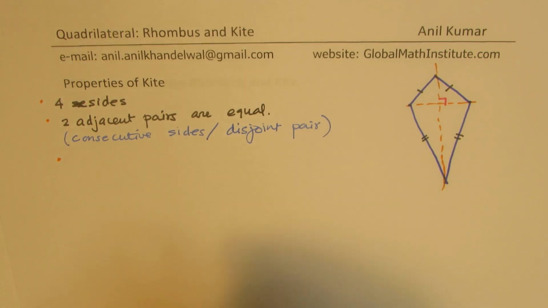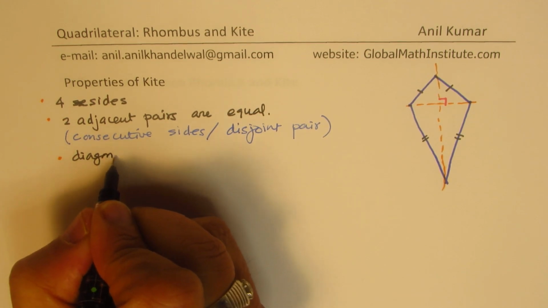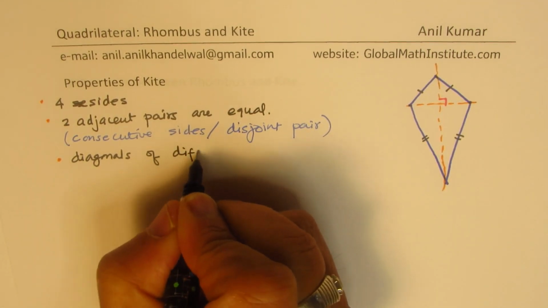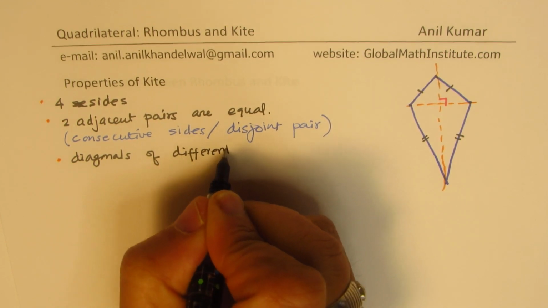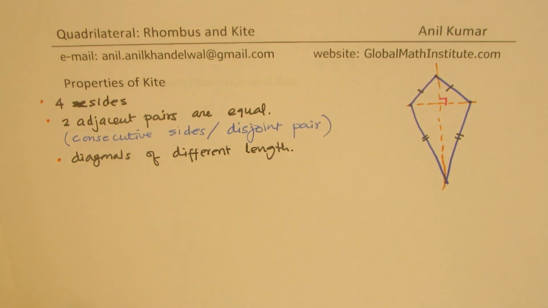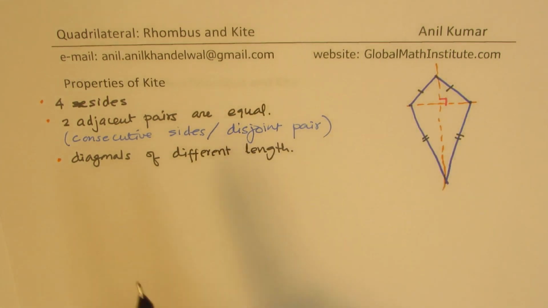Now you can see very clearly that the diagonals are of different length. The longer one actually divides the figure symmetrically.